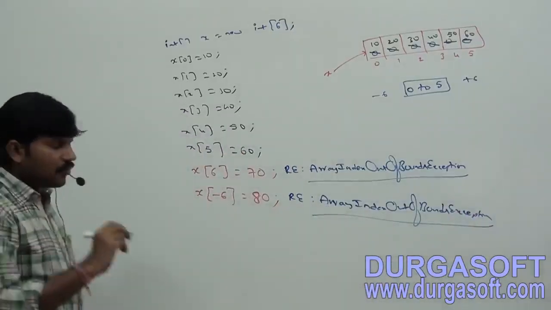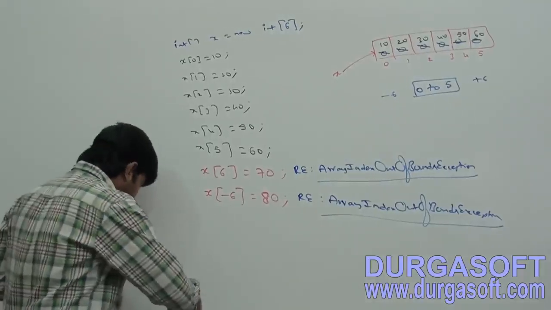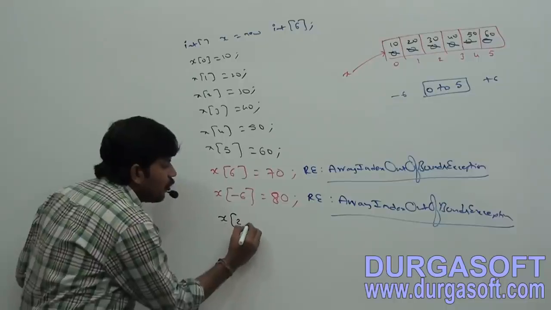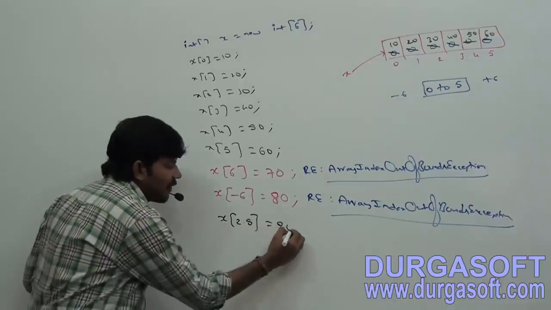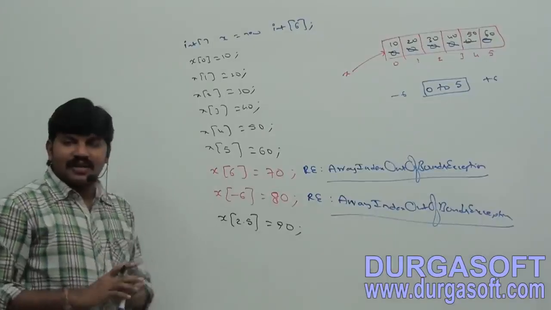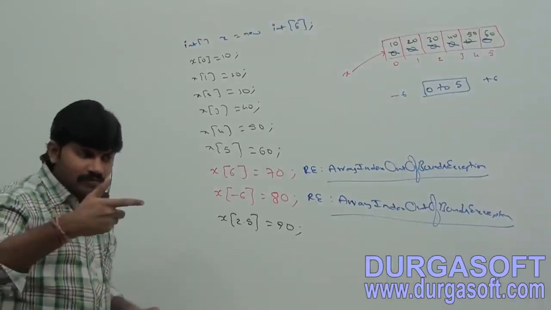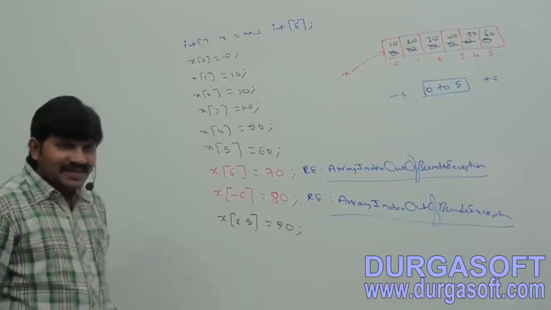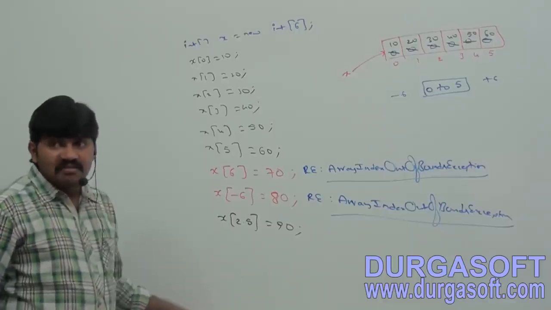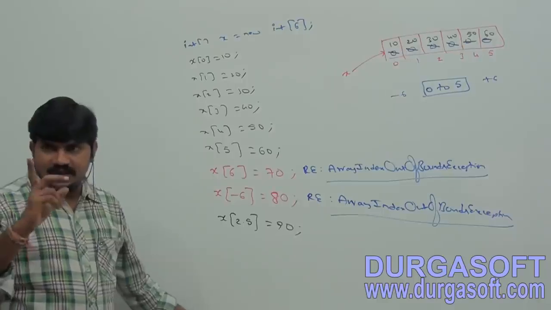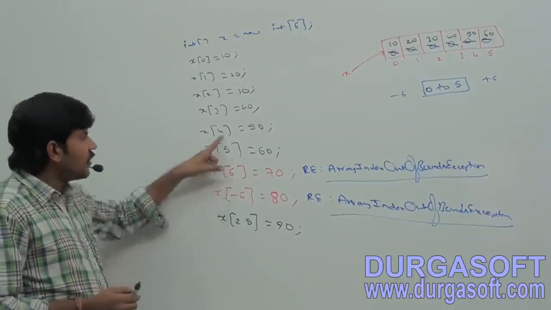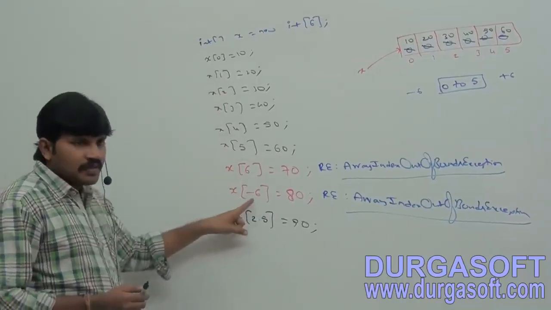Now, sir, here I am taking x of 2.5 is equal to 90. X of 2.5, the element is nothing but 90. Is it valid or invalid? Invalid. The compiler will give left and right because it is a syntactical mistake. Sir, the compiler is always going to check whether it is a valid int value or not.